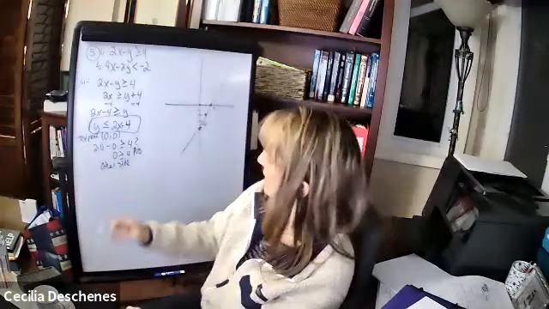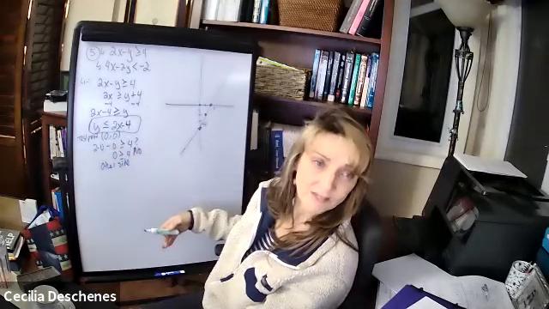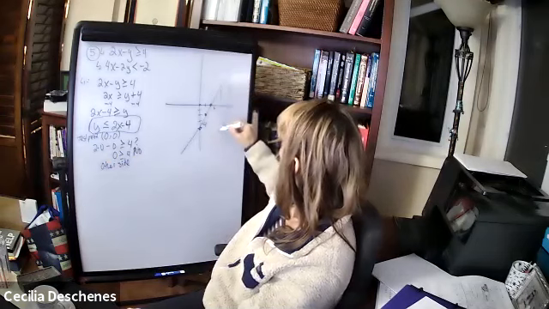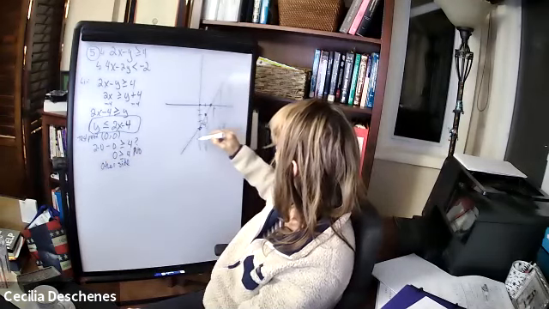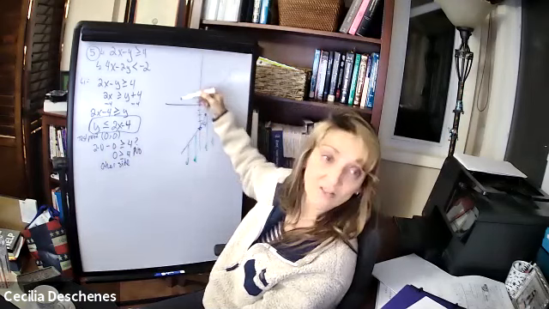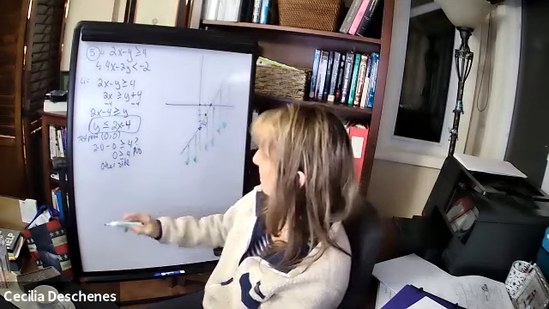Now I've got to go to this line and be below that line, wherever it is, so I'm going to do vertical lines down below it. So I've confirmed that the origin is indeed on the other side of where I shaded.